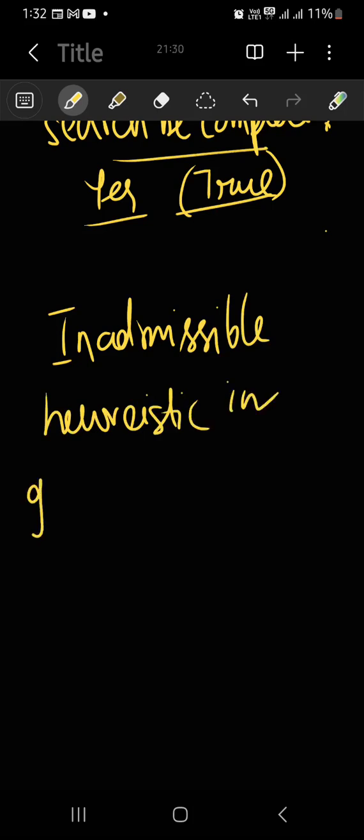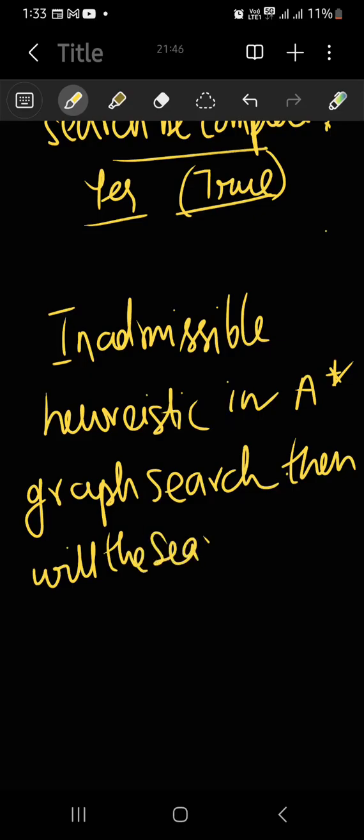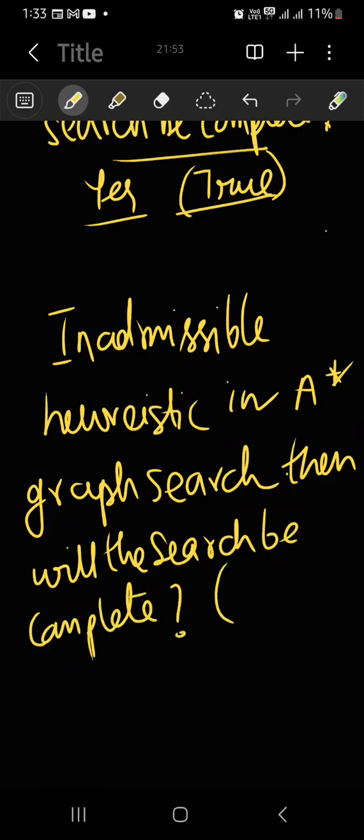Okay, we are doing graph search. Then can we reach the goal state easily? Or if we are using an inadmissible heuristic in A star graph search, then will the search be complete? Tell me. You might be shocked, but the answer is yes.